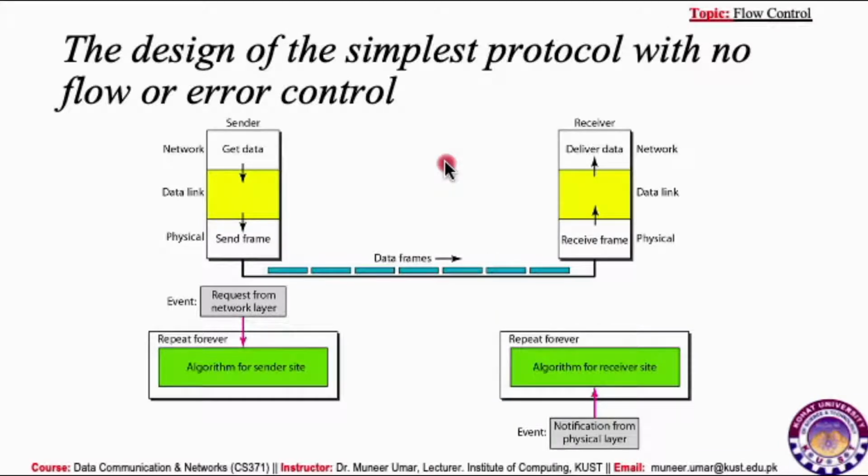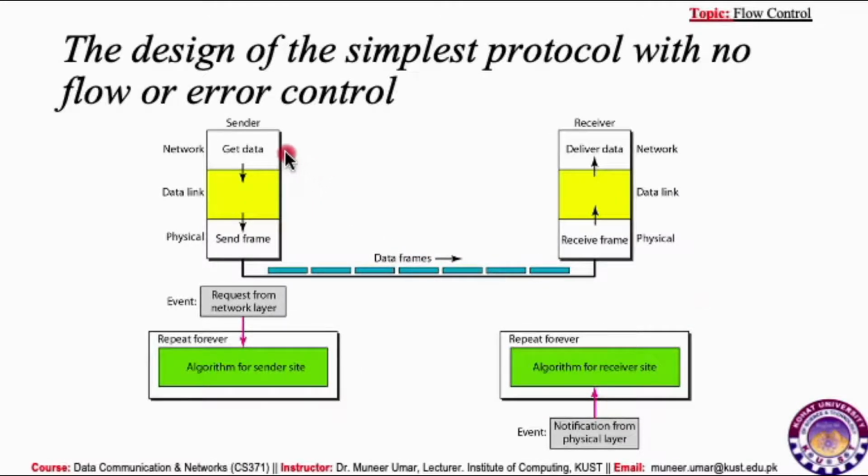The first protocol is the simplest protocol, which has no flow or error control. We assume that the receiver can immediately handle any frame it receives. In other words, the receiver can never be overwhelmed with incoming frames.